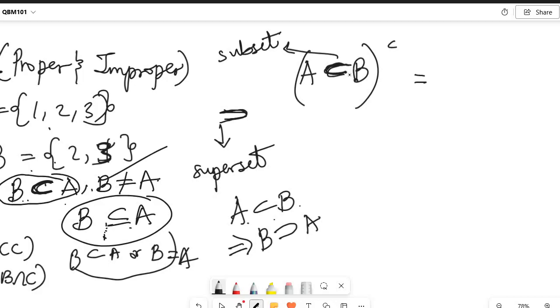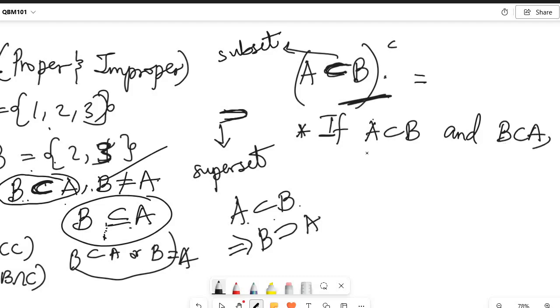Okay, so in a case where A is a subset of B, now take note of this. If A is a subset of B and B is also a subset of A, it can only mean one thing, and that is the fact that A is actually equal to B.